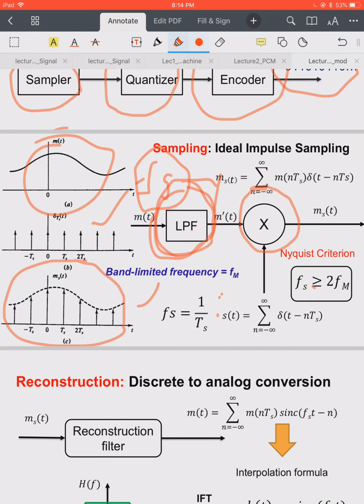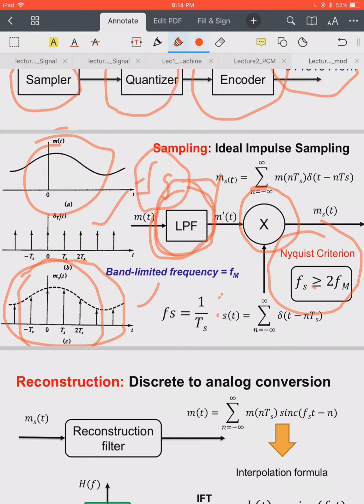which is also called the anti-aliasing filter. If the Nyquist criteria is fulfilled, then we can reconstruct the analog signal, we can get back my m(t) from the sampled signal m_s(t), if we obey this Nyquist criteria, that means Fs is greater than 2 Fm.